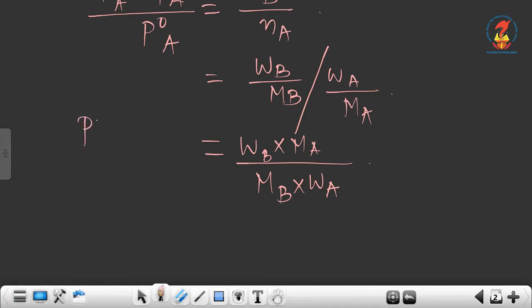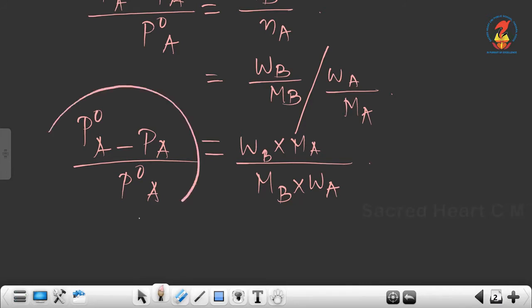So (P naught A minus PA) divided by P naught A is equal to this. Now you know what each term is. This side is the relative lowering of vapor pressure. WB is the mass of solute in gram. MA is the molar mass of solvent. MB is the molar mass of solute, and WA is the mass of solvent.